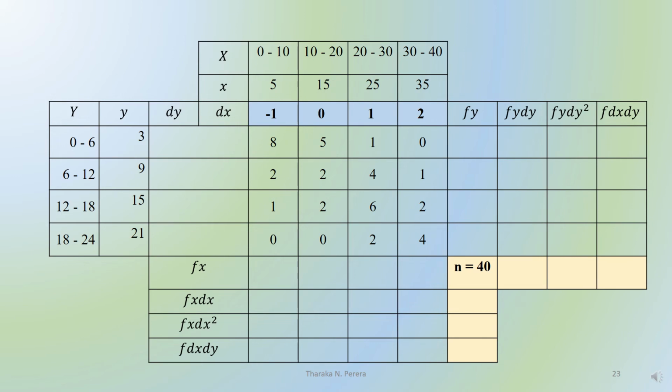And let's consider the x value 25. 25 minus 15 equals 10, and 10 divided by 10 equals 1. Likewise, we can complete the dx row.